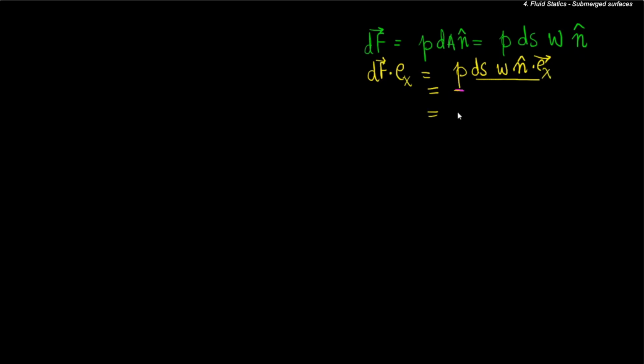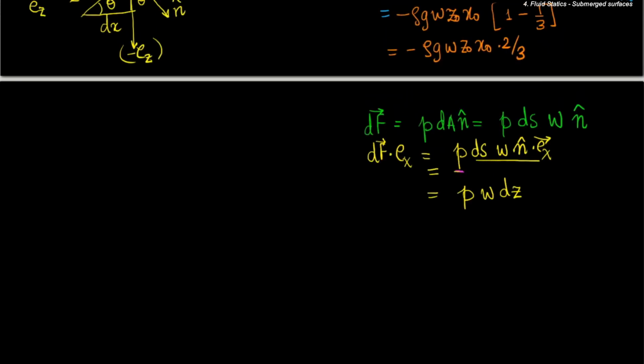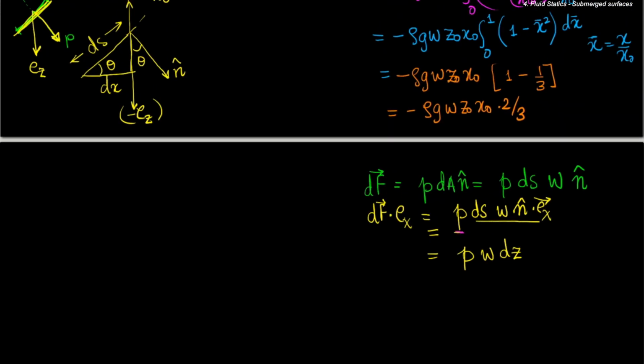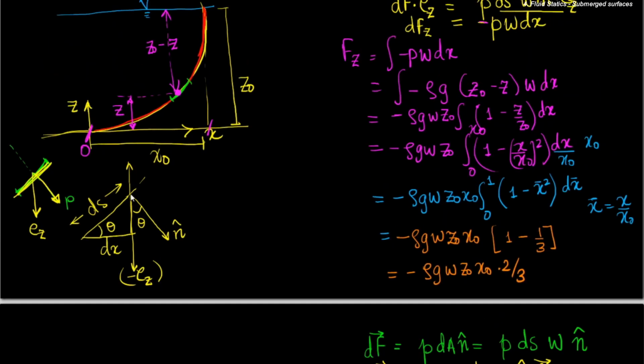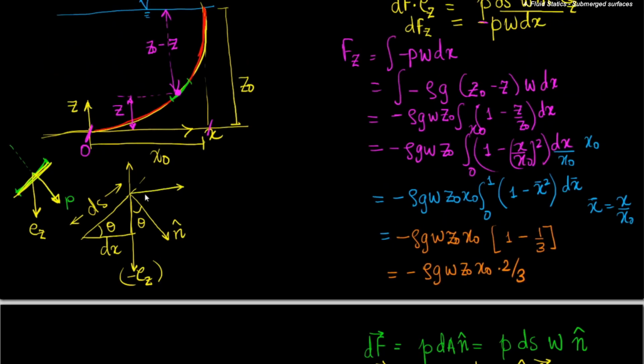So essentially this will become P W dz, because n dot ex, so this is ex, so n dot ex is going to be cos of this angle. Essentially this angle, if I call it theta prime, will be this angle theta prime.